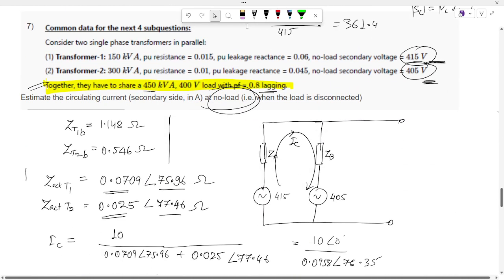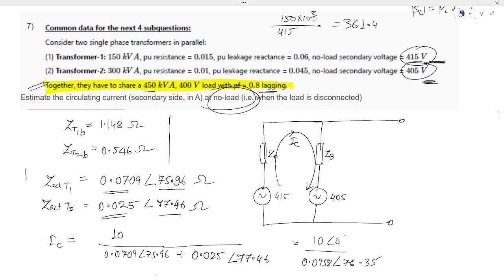Now we have a question. Consider two single phase transformers in parallel. Transformer 1 is 150 kVA, per unit resistance is 0.15, leakage reactance is 0.06, and the no load secondary voltage is 415 volt.